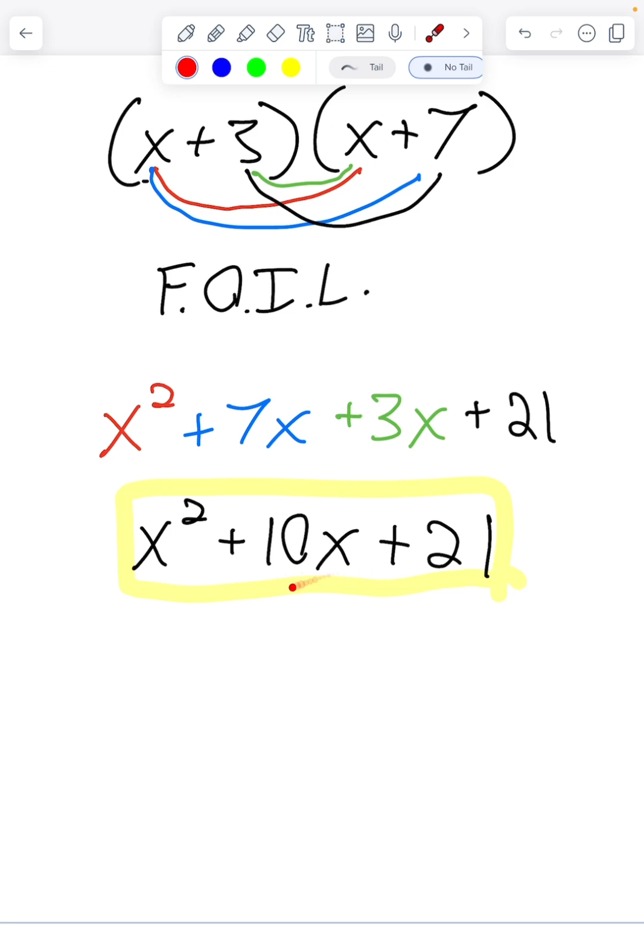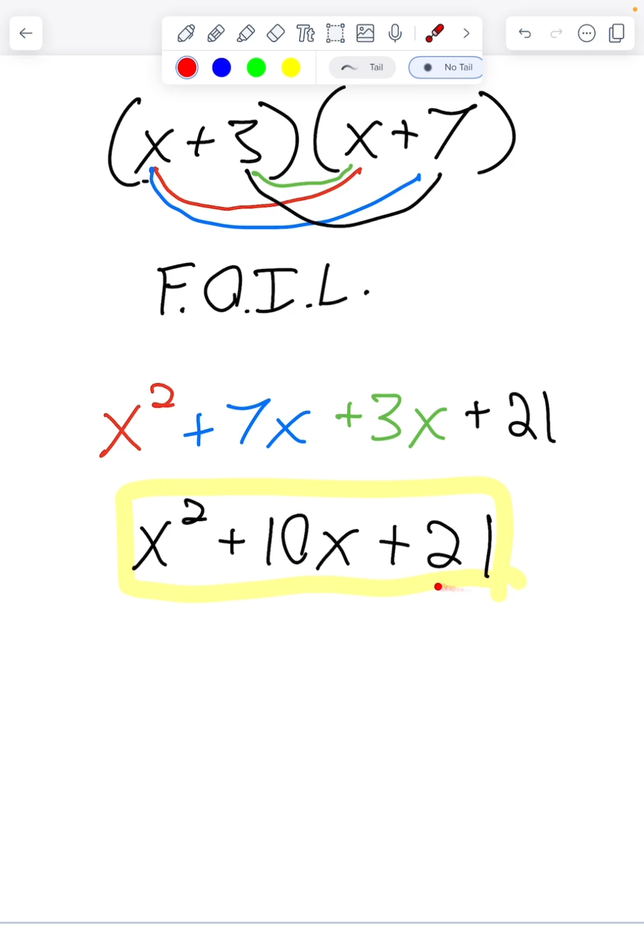Well, to get this 10x here in the middle, I had to add 3 and 7. To get this 21 here, I had to multiply this 7 and the 3. So factoring, I'm actually going to work backwards from the FOIL that I originally did.